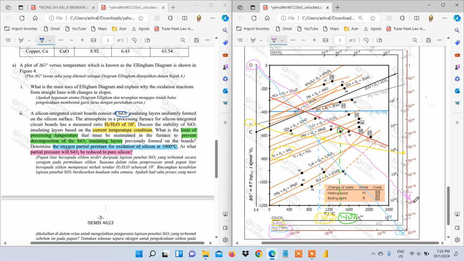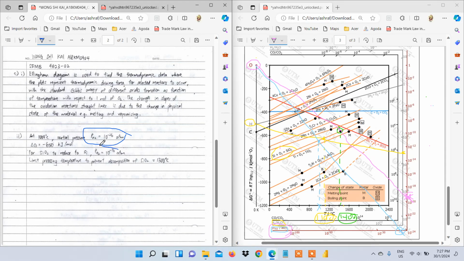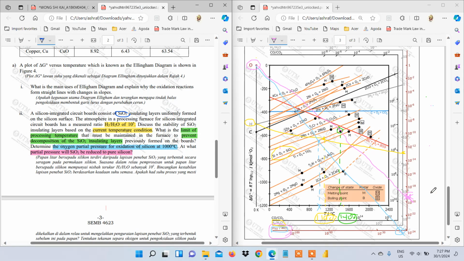We will get the partial pressure that will reduce the silicon oxide into pure silicon, at 10 to the power of negative 19, something like that, around here. But the senior got 10 to the power of negative 16. This one is still acceptable, still in the range we can say.